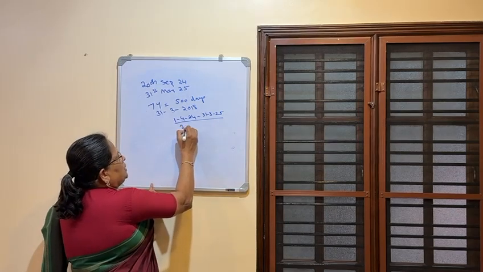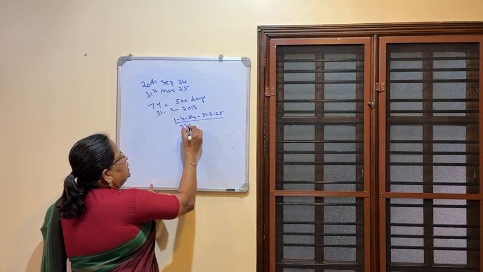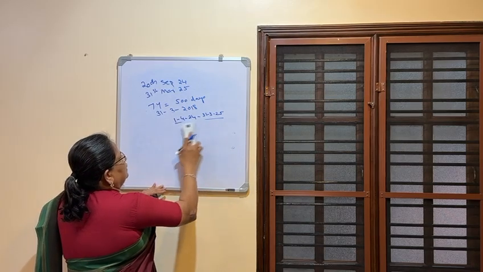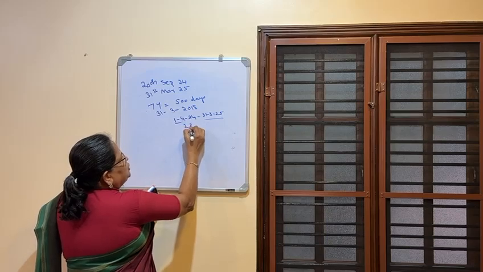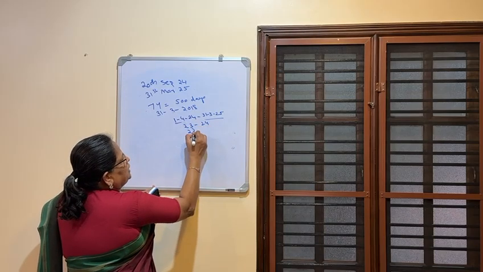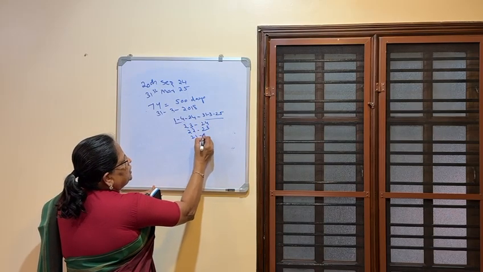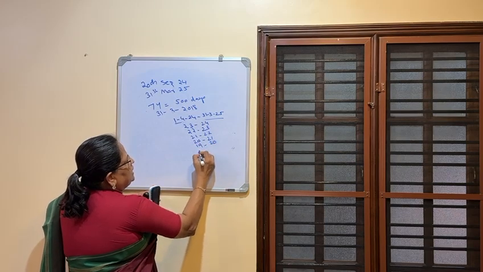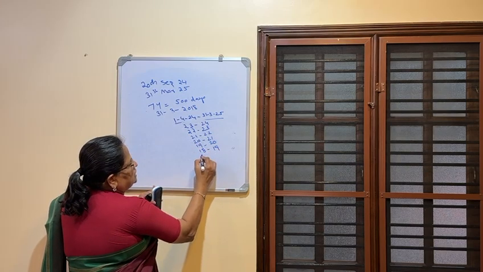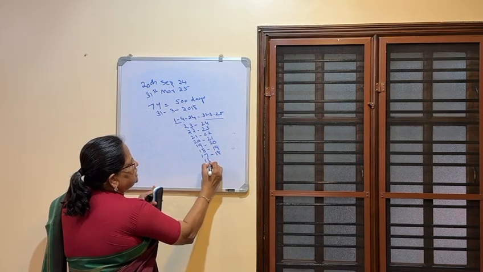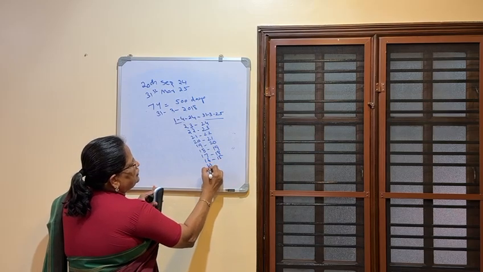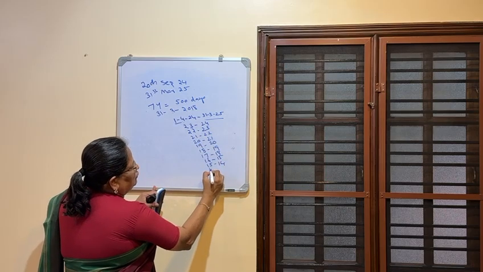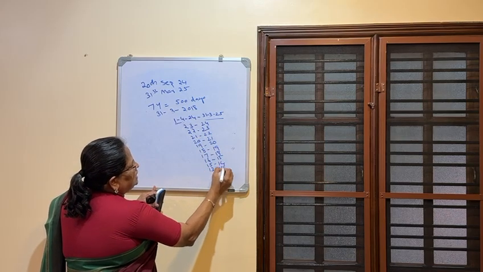That means 23-24, 22-23, 21-22, 20-21, 19-20, 18-19, 17-18, 16-17, 15-16, 14-15, 13-14, 10 years.